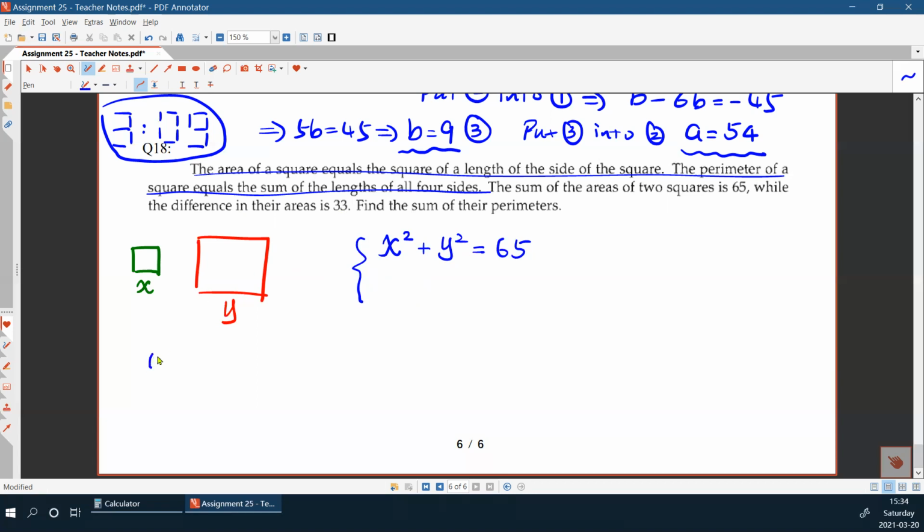Suppose y is larger than or equal to x. So that means y squared minus x squared equals 33, this is the difference, right? So from these two pieces of information, we can find x and y, right?